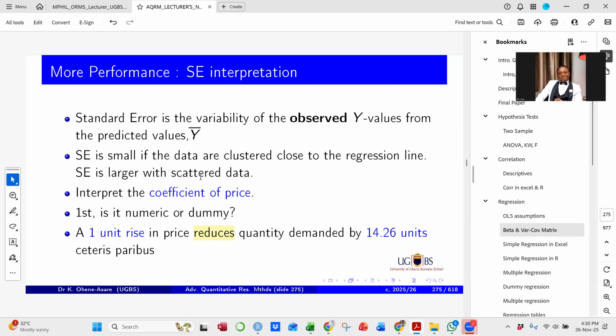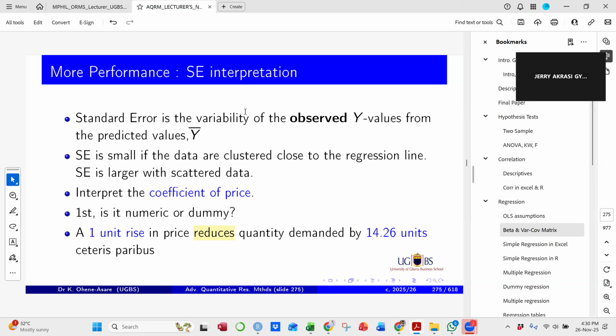Because they are inversely related. Yeah, but what shows that?